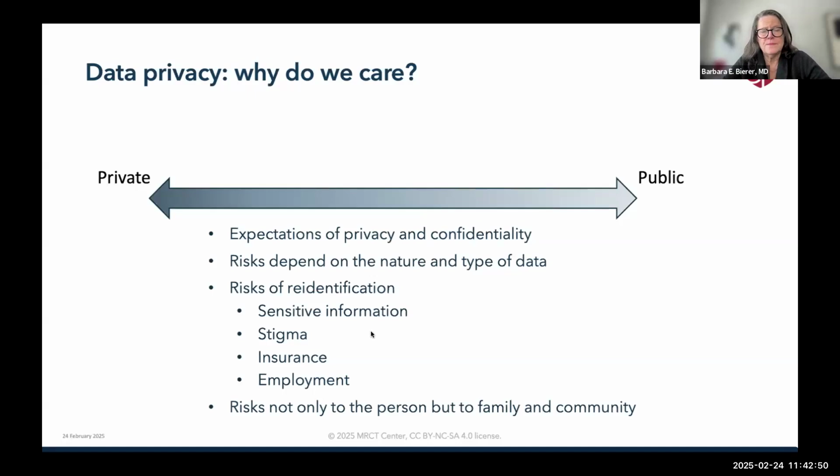But for some, such as sensitive information for which there is stigma attached, insurance implications or employment implications, that becomes quite concerning for people. And indeed, in the last month or two, we're seeing greater hesitation about sharing certain kinds of data than we had previously.